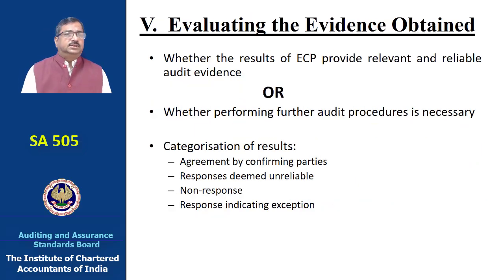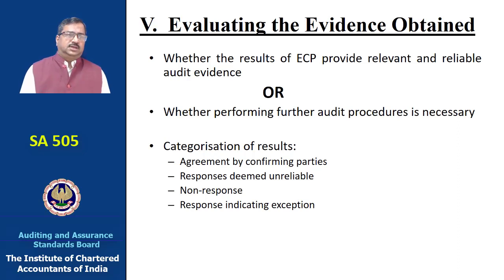Then overall, having received the evidences, the auditor has to evaluate these audit evidences and find out the results. If he finds an exception, then he has to perform some further audit procedures to conclude about the audit opinion.